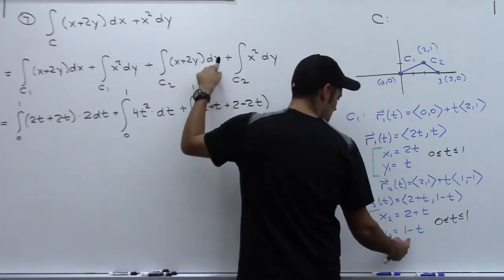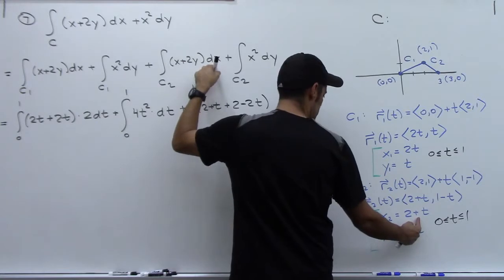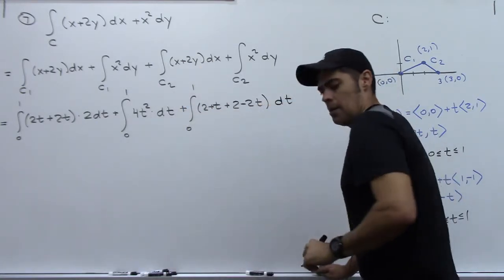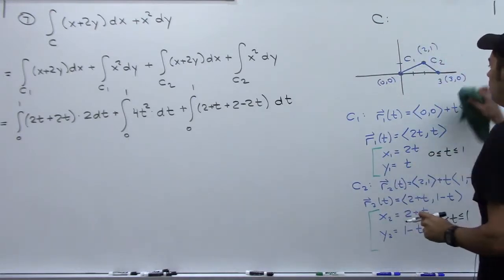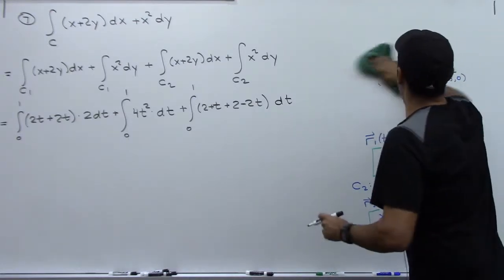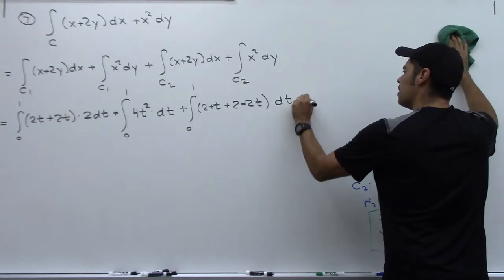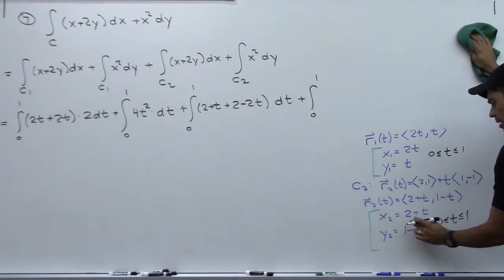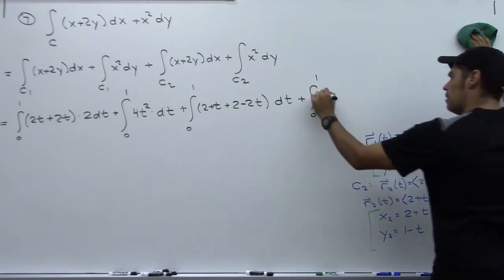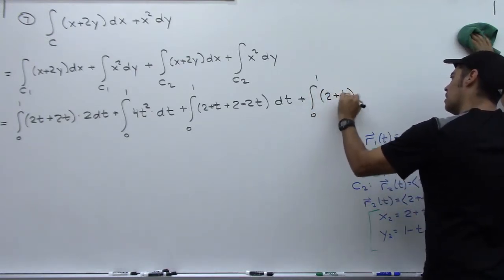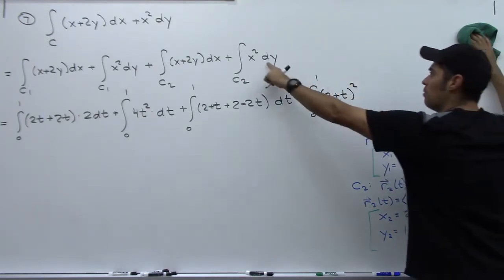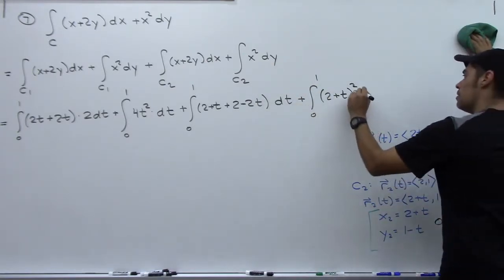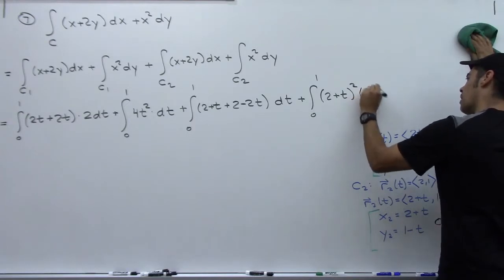And then times dx, which is the derivative of this with respect to t, which is just 1 dt. And I have one more integral to squeeze in here. Plus the integral from 0 to 1 of x squared, which is going to be this squared, so (2 plus t) squared. And then dy, so the derivative of y is negative 1. Be careful here. So this is going to be negative 1 dt.